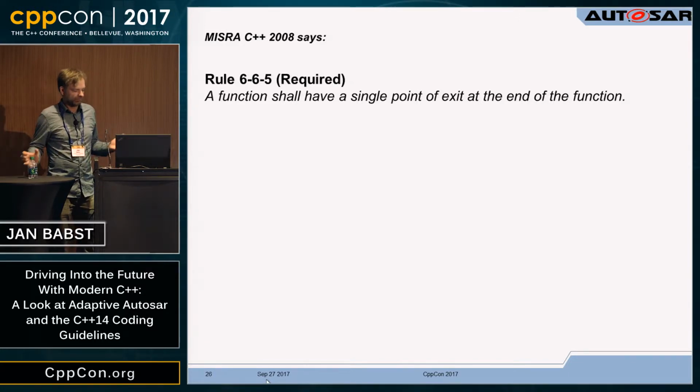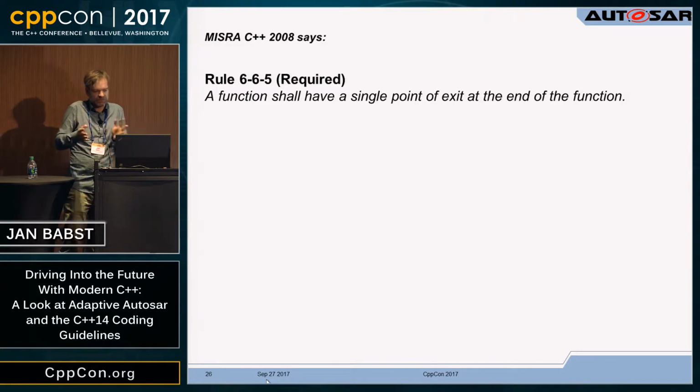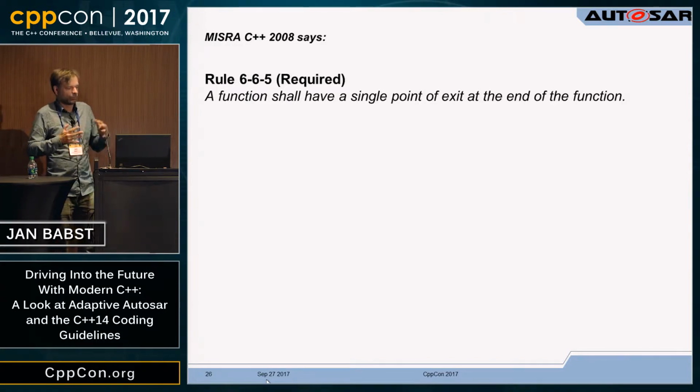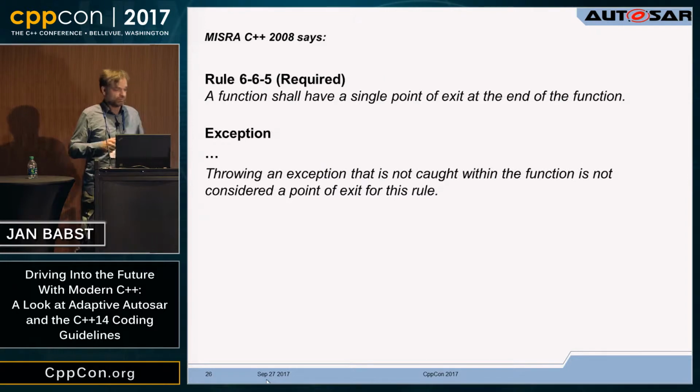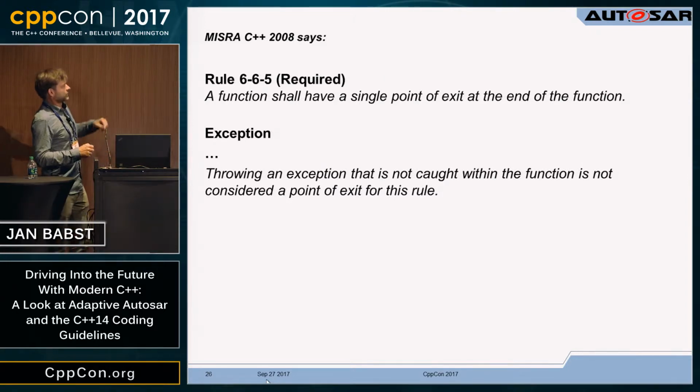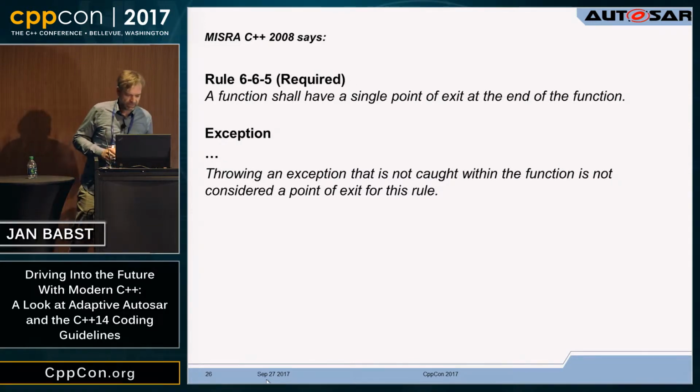In C++, by default, unless we know explicitly otherwise, we have multiple exits, we have exceptions. MISRA has a workaround for this, an exception to the rule, which says that a throw of an exception that is not caught within the function is not considered a point of exit. I don't know if that helps.